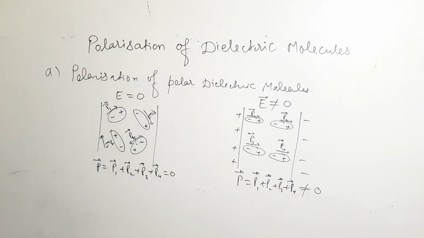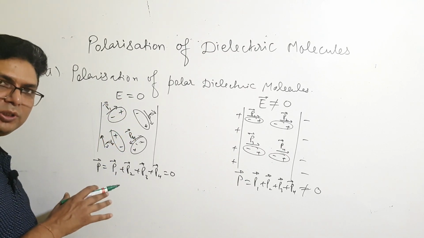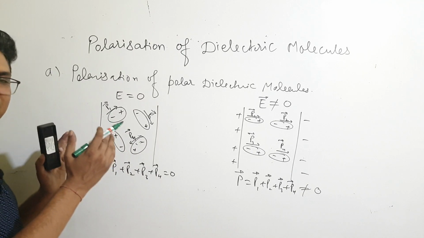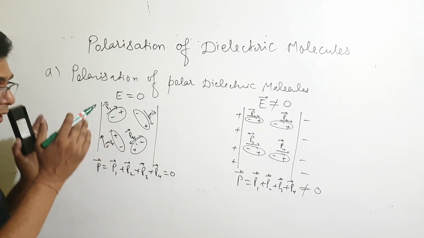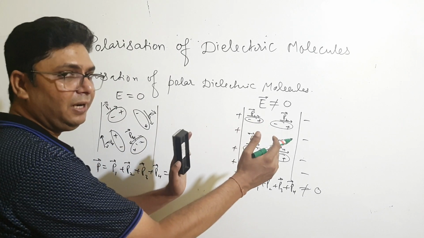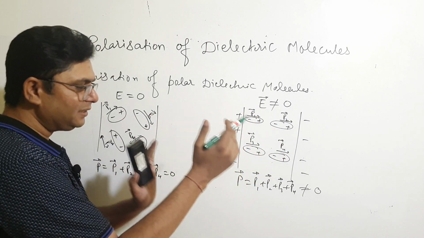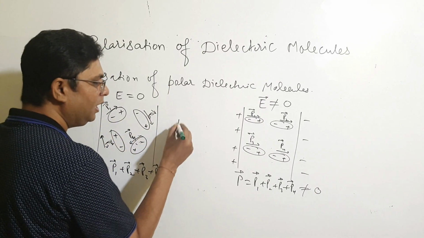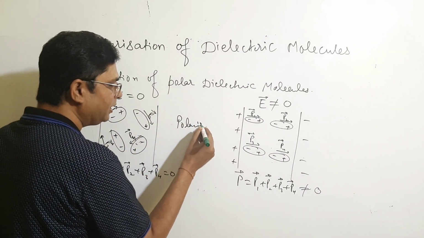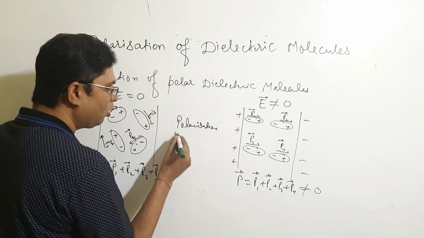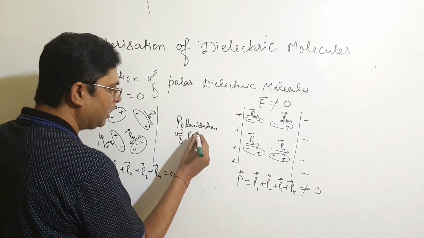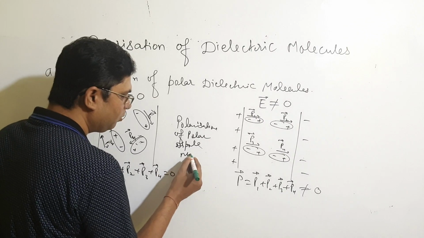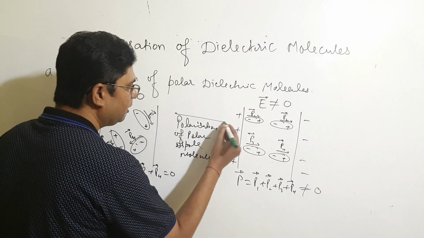So when you have polar dielectric molecules, in the absence of electric field, their sum of intrinsic dipole moment is 0. But in the presence of electric field, their sum of intrinsic dipole moment is not 0. This phenomenon is said to be polarization of polar dielectric molecules.